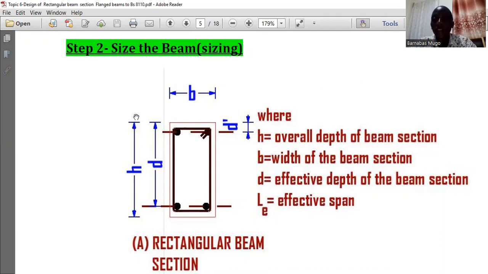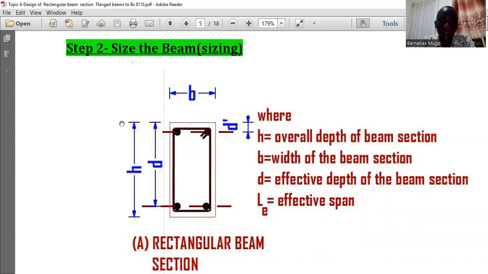So in this case, we are going to size the beam, and when we are sizing the beam, the whole issue is to be able to calculate the H, the B, the D, and LE. This is a rectangular cross section.